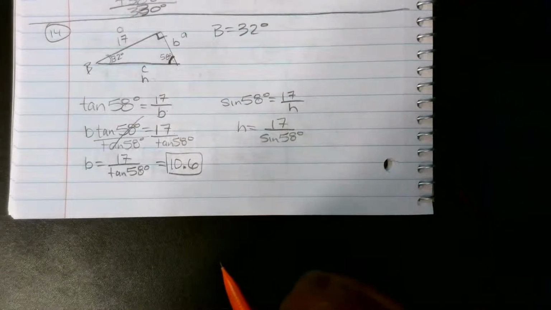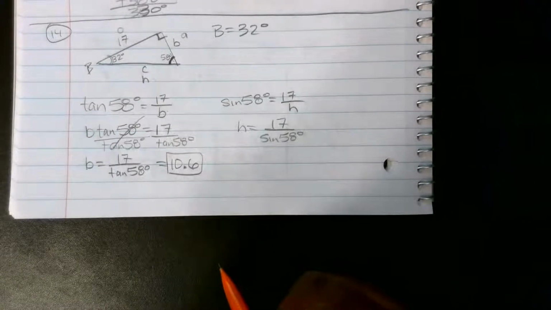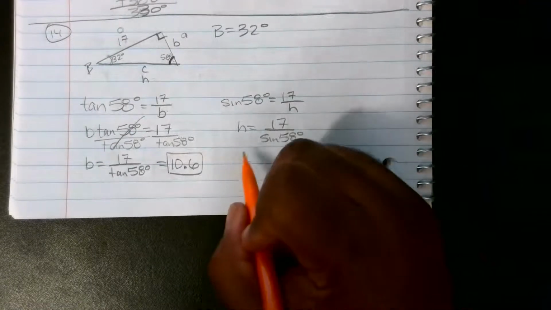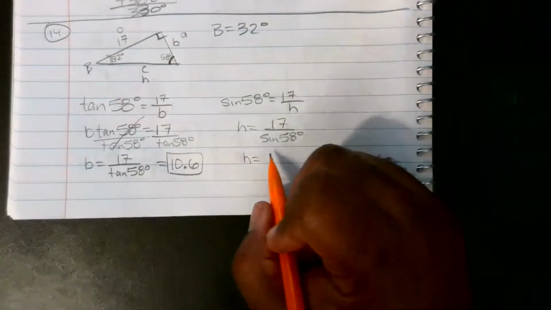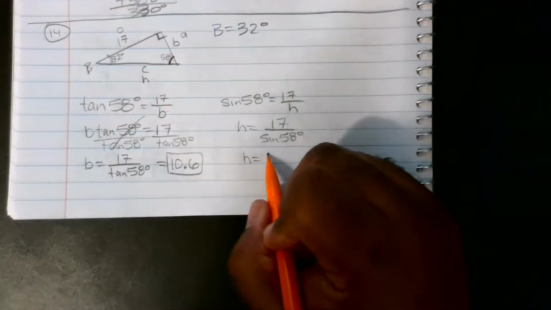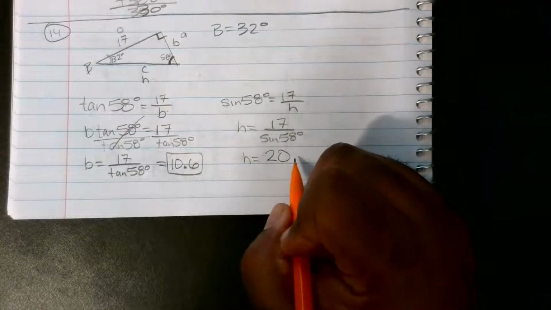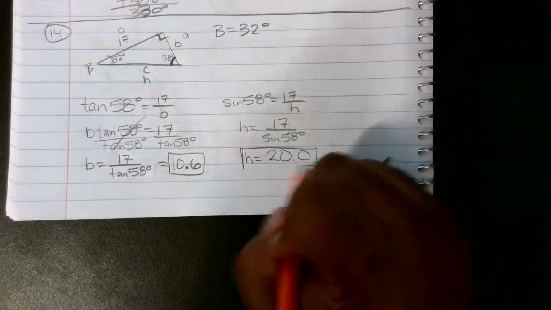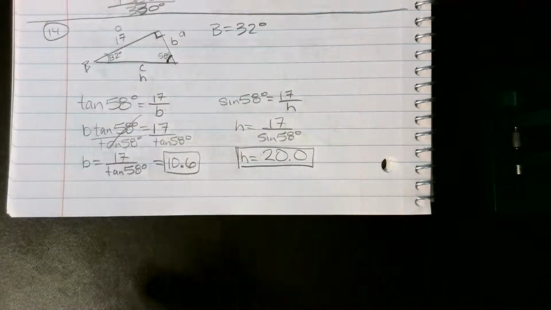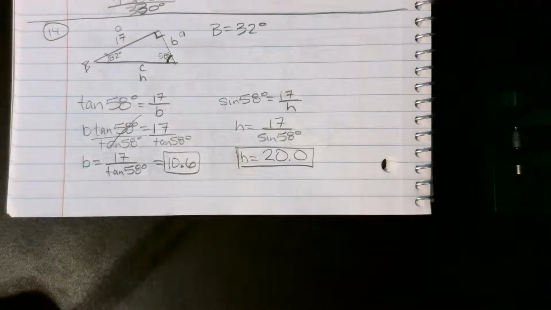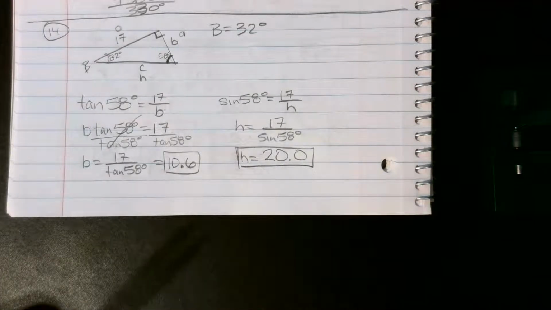If I put sine of 58 degrees in my calculator, I end up with my hypotenuse equal, rounded to the nearest tenth, to 20.0. And that's that. We've solved for the triangle. Very good. Let's see if we have anything else here of interest.